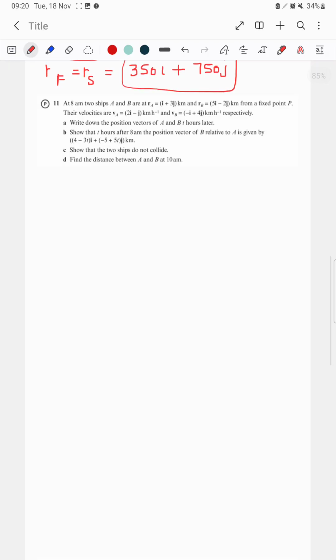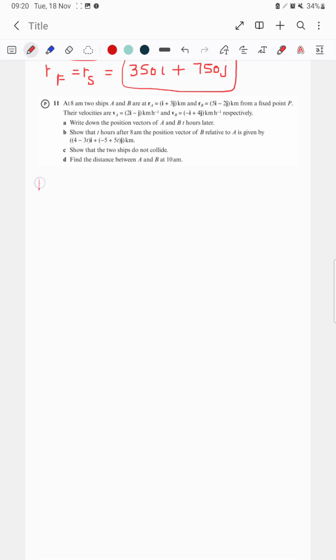At 8 am the two ships A and B, RA is given, RB is given from a fixed point. The velocities are also given. Write down the position vectors of A and B after a certain time.